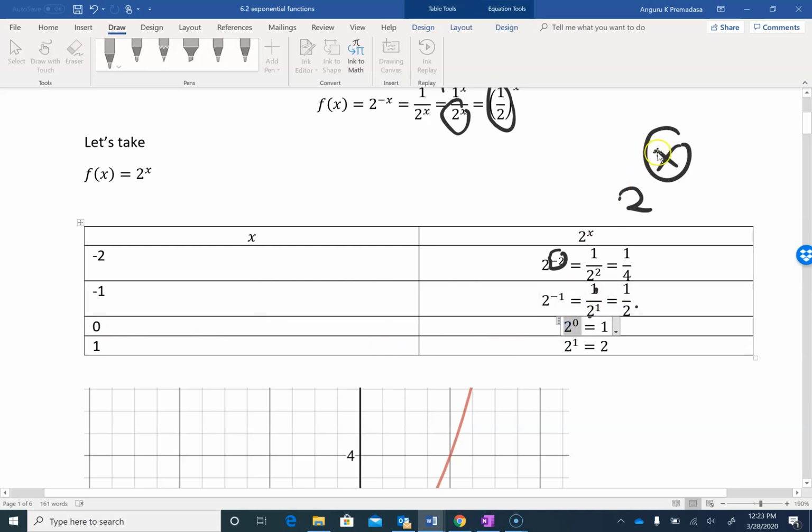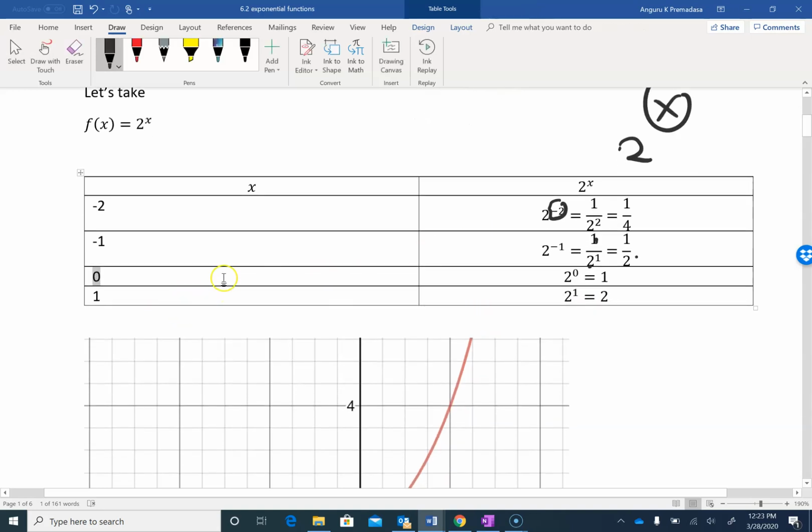Once again, you plug in x equals 0, and 2 to the 0 is 1, right? Which makes you feel that regardless of whether the base is 2 or 3 or 4 or 5, the 0th power is always 1. So the value of the exponential function at 0 is always 1, okay?